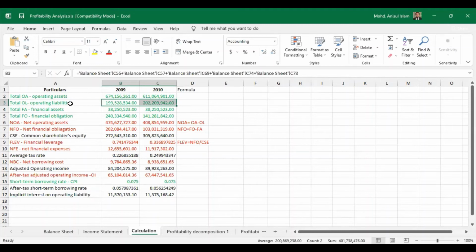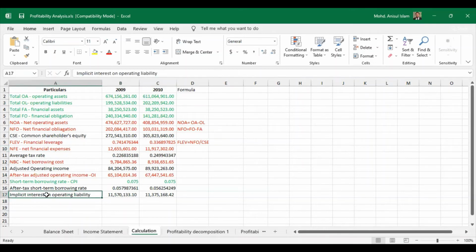However, in financial obligations, we make an explicit contract to make interest payment. So for the operating liabilities, we made a reasonable assumption that the consumer price index reflects the implicit interest payment or the cost of operating liabilities.